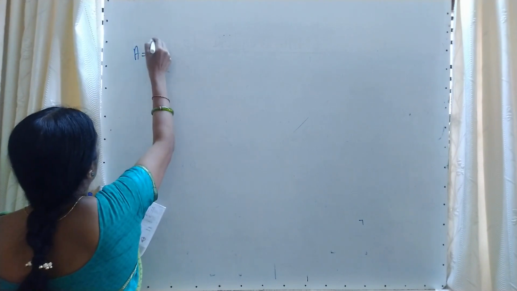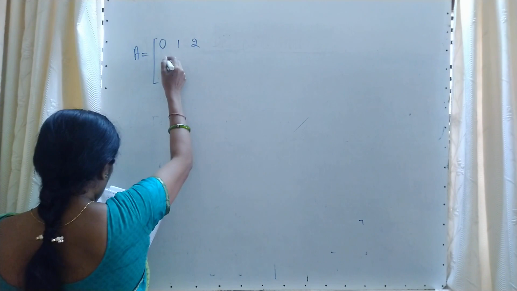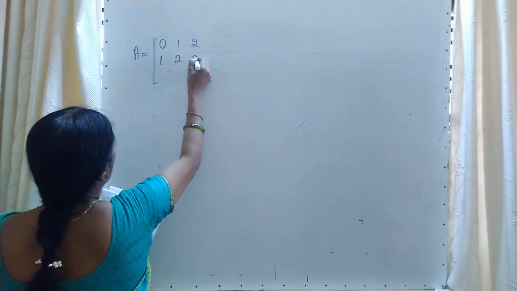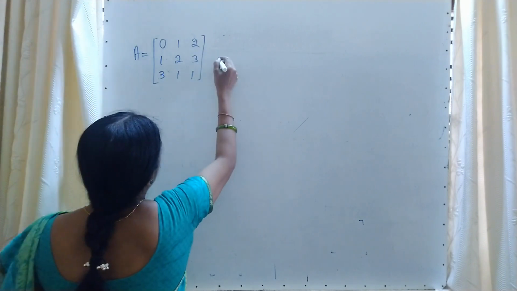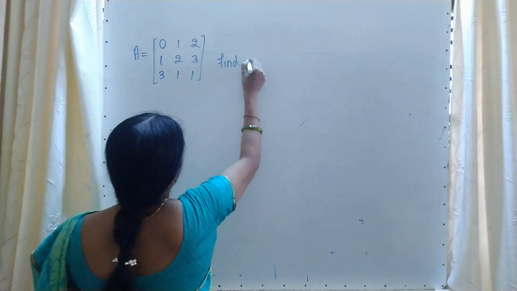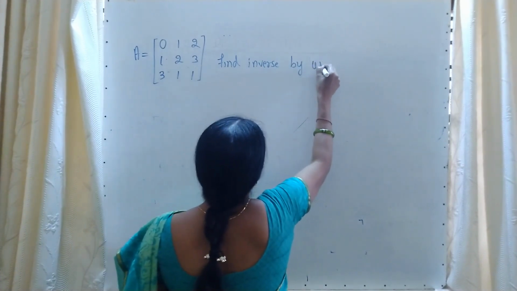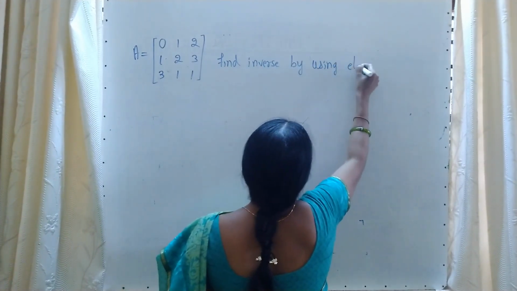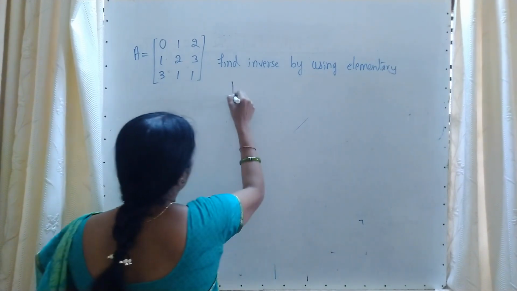A is equal to [0 1 2; 1 2 3; 3 1 1]. Find the inverse by using elementary transformation.